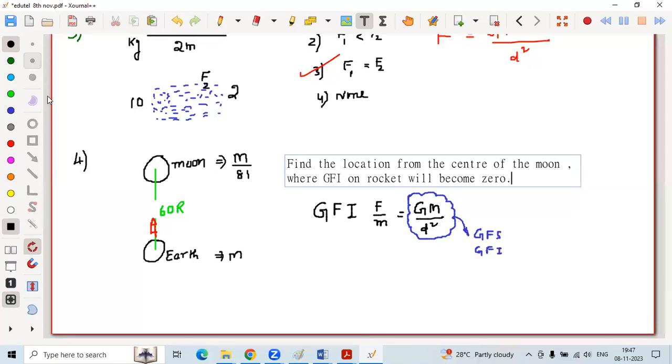See, question: find the location from where? From the center of the moon. And the location where gravitational field intensity on the rocket will be 0. That's all. Okay.